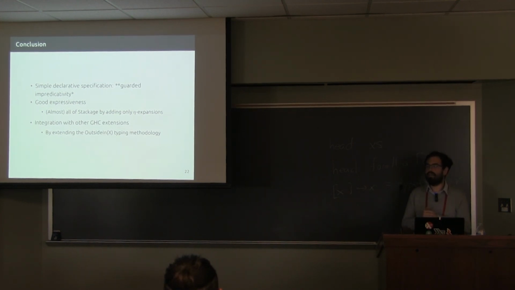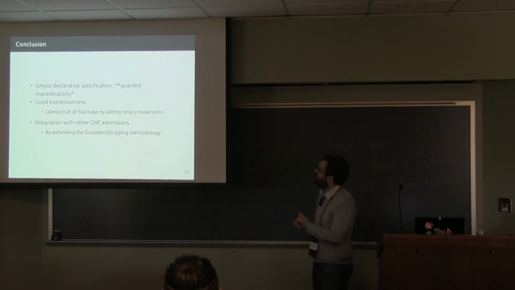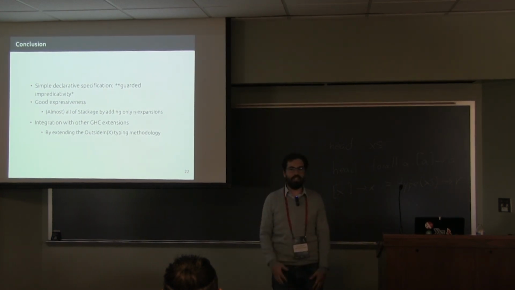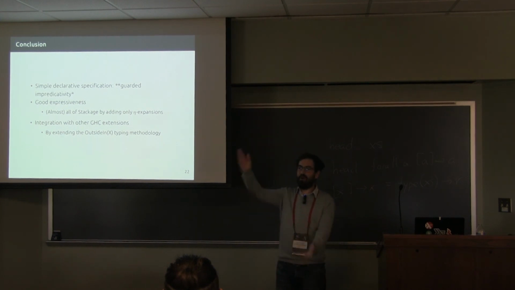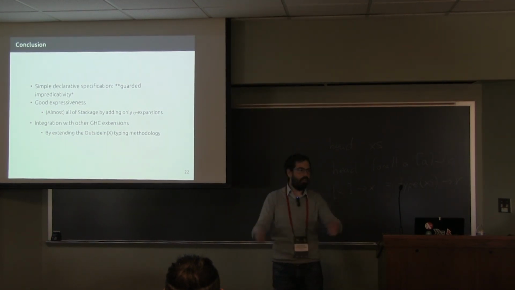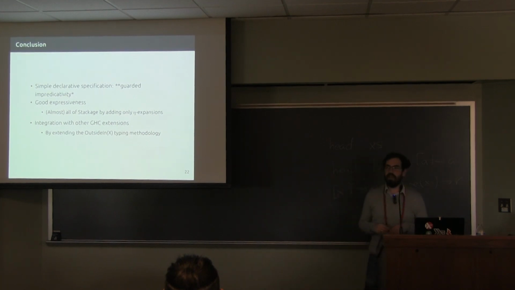At the same time, and this is something I cannot really show you with theorems, the system is quite expressive, and we tried to check that this is the case by taking all of Stackage. So essentially, all packages that the community has put into this public repository of Haskell packages, and we went on and compiled all of them, and almost all of them compile, which is quite interesting.